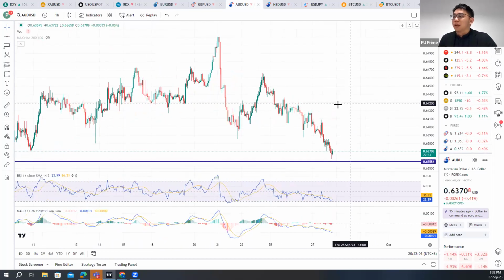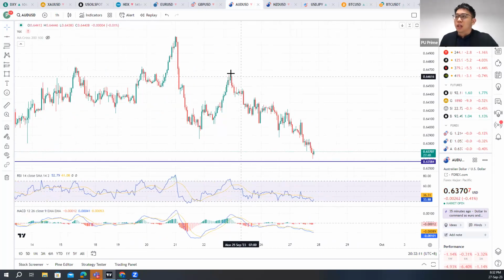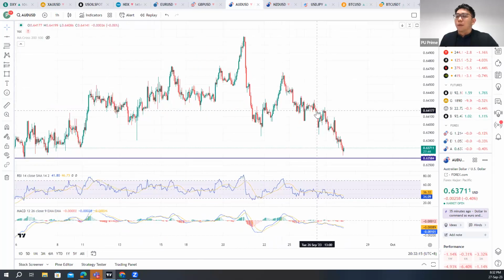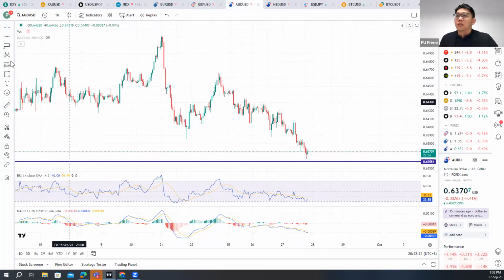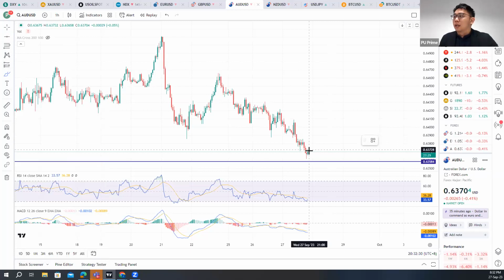In the past week or two, the Australian dollar has been trading with very bearish momentum. So tomorrow's retail sales data is very crucial, and again, if the number comes better than expected, you can expect a rebound for the AUD USD.